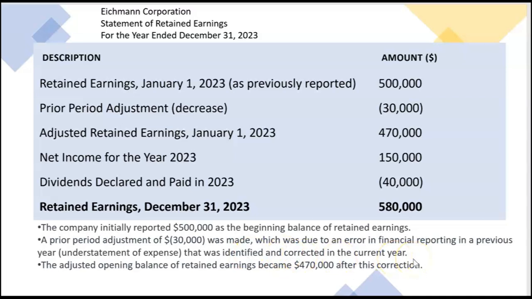And the treatment of that is not to change the current year income statement, right? But instead to make an adjustment to the beginning balance of retained earnings for the earliest period presented. And if this is the only period presented, we're going to adjust the beginning retained earnings balance for this year. So the adjusted opening balance of retained earnings became $470,000 after this correction of the error.